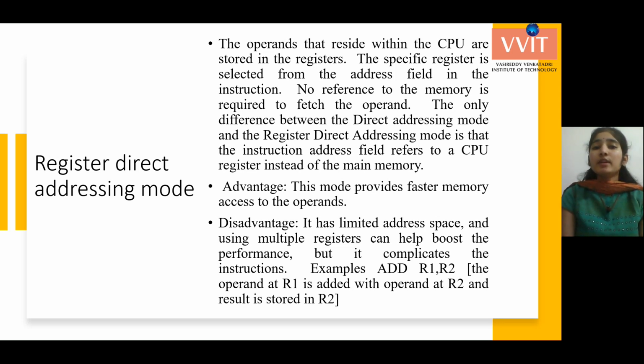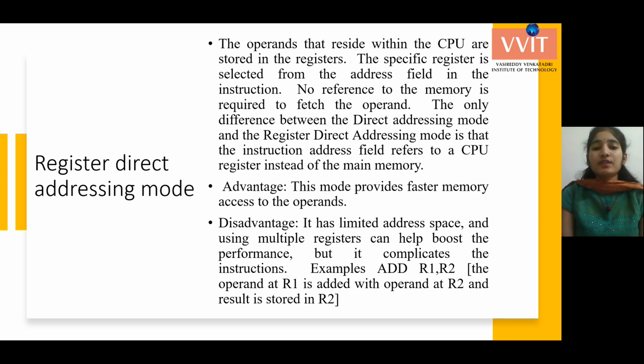No reference to memory is required to fetch the operand. The only difference between direct addressing mode and register direct addressing mode is that the instruction address field refers to a CPU register instead of main memory.